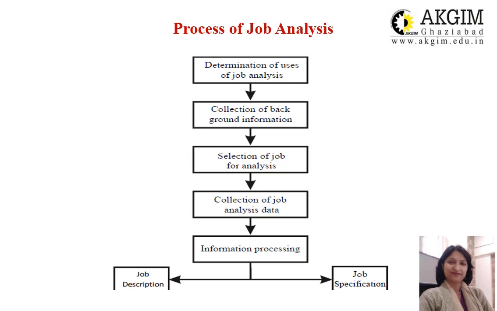So it specifies the standard by which the qualities of a person are measured. Job analysis prepares such a statement, taking into consideration the skills required in performing the job. So you will get two different types of information by job analysis. One is job description, second is job specification.